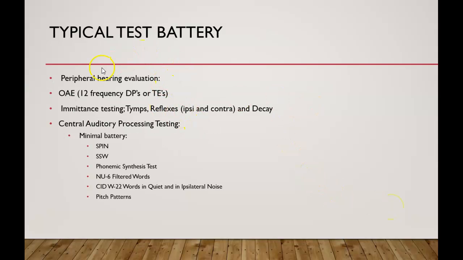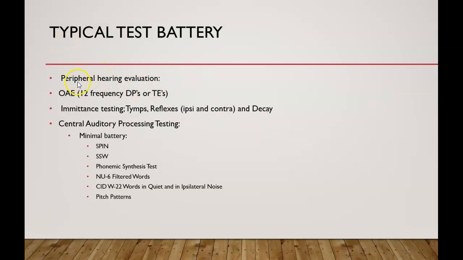The typical test battery is as follows, and if any of you did the IAC team when you were first years, you may have had an opportunity to do this testing. This is the test battery that I use when I am doing research in this area.